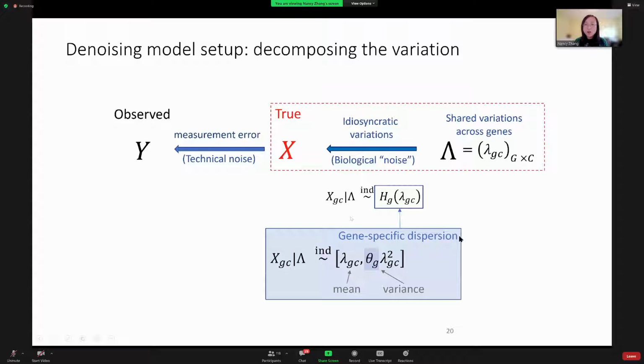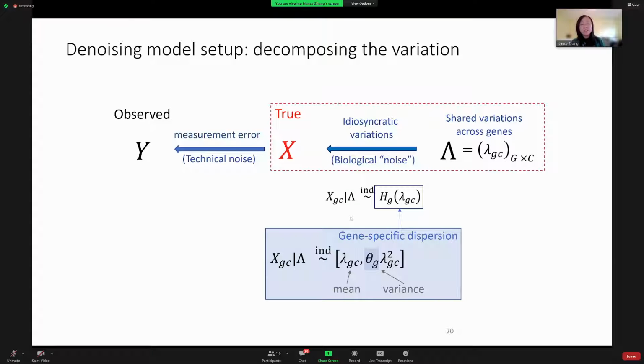We're going to assume that X_gc given lambda is centered on lambda_gc, but it has a variance that scales with lambda squared with a gene-specific scaling factor theta_g. So theta_g is our dispersion parameter. That's quite an important assumption, because we're assuming that there's this mean-variance relationship with a dispersion parameter that depends only on the gene.